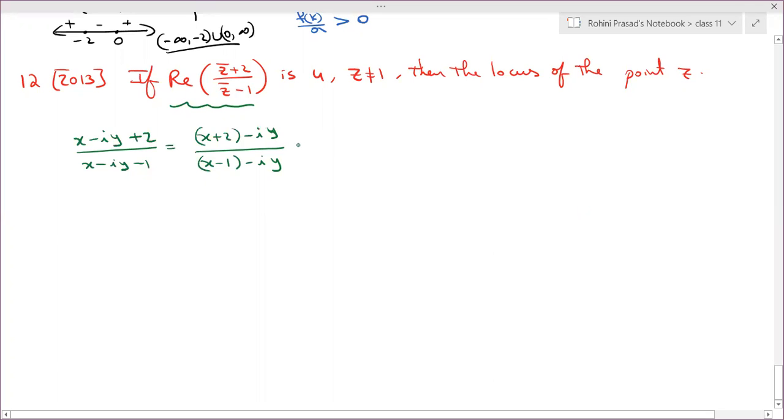To get the real part of this, you need to multiply the denominator with its conjugate, x minus 1 plus iy by x minus 1 plus iy.